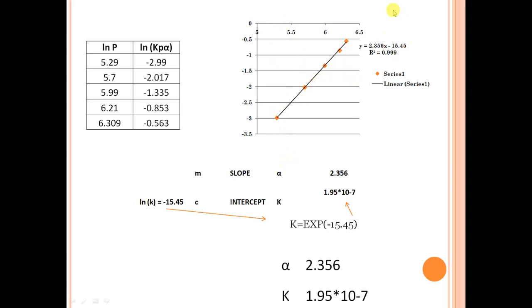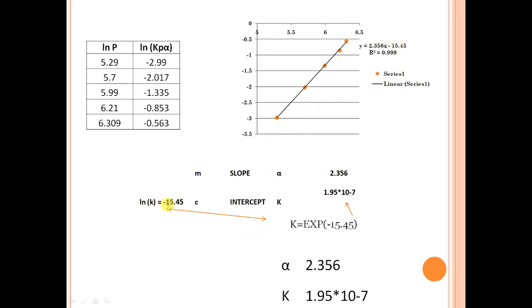So the alpha value I get directly from this, that is 2.356, whereas my intercept, that is ln k, is this c value. I got it from the equation, that it is minus 15, because the line will not cut here; it will go straight down, and when it cuts, it will be this value, minus 15.45.